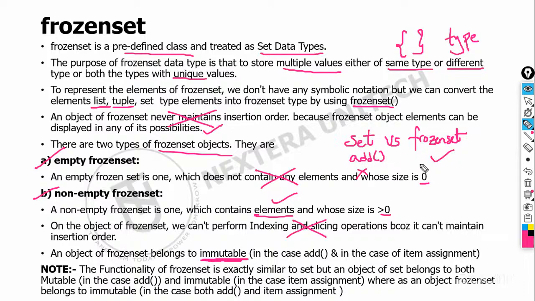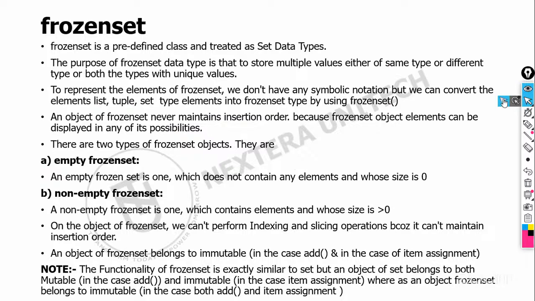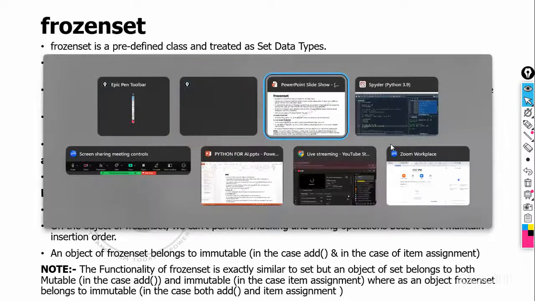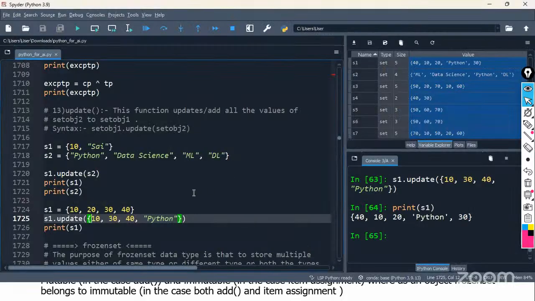So that is the difference, friends, between set and frozen set. If you understand this point alone, as we had good exposure to set, obviously we'll understand frozen set well.